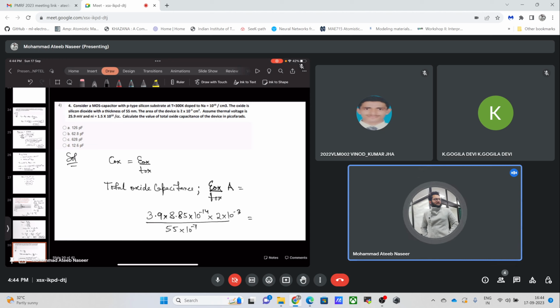It is 1.26 into 10 raised to the power minus 10. We need to find it in picofarad, so it is approximately 126 picofarad. So option A seems to be the correct option, so we will go with option A.